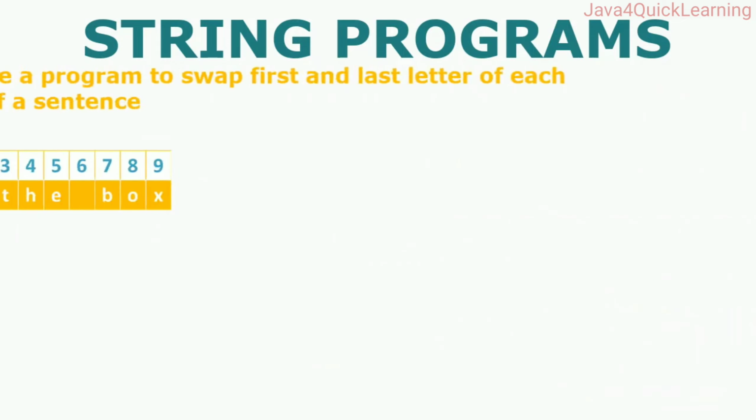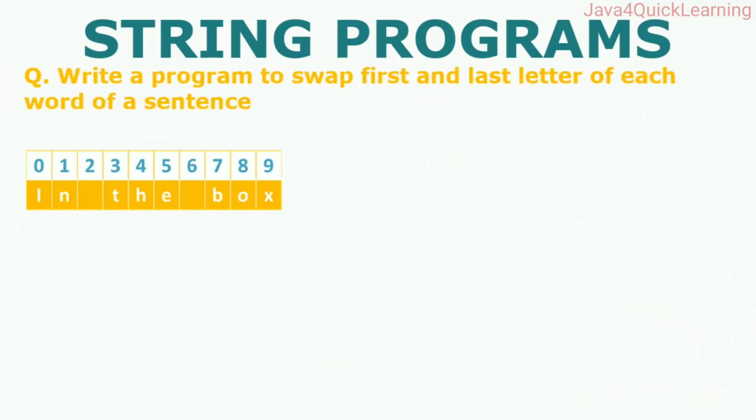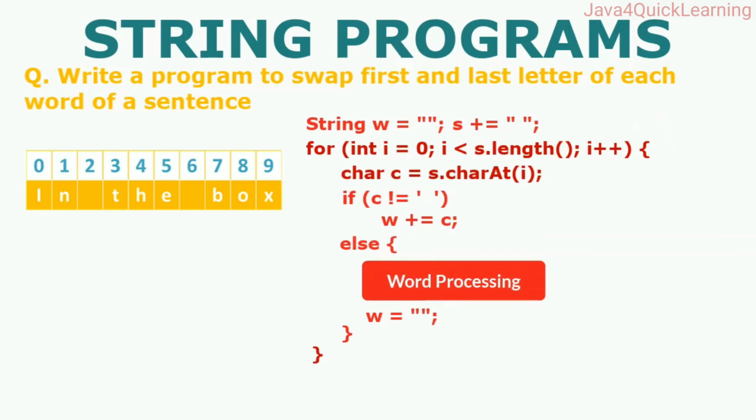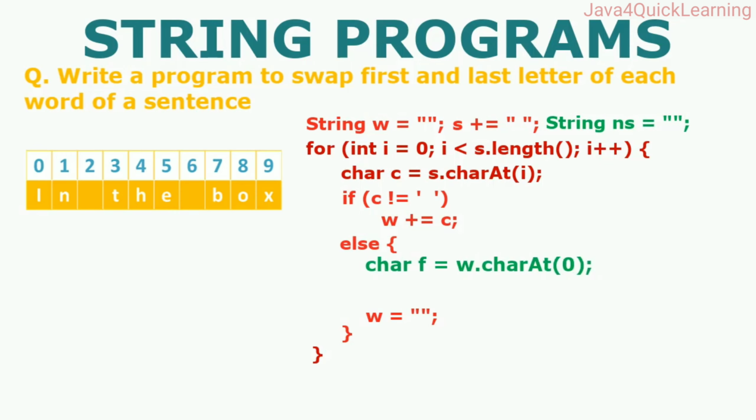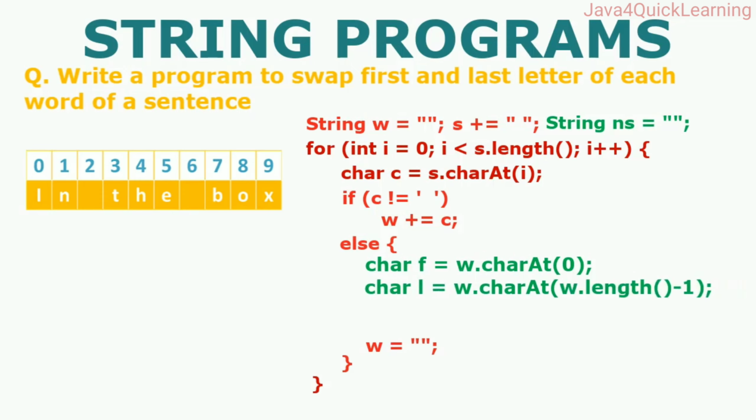Next program is to swap the first and last letter of each word. Here again we will take our template. We will declare a string variable before the loop. Inside the loop, we will first extract the first character of the word using caret 0 and the last character by using caret with w.length minus 1, which gives us the last index of the word.